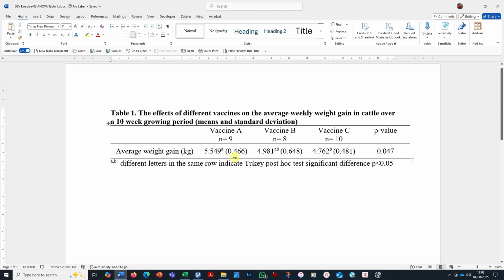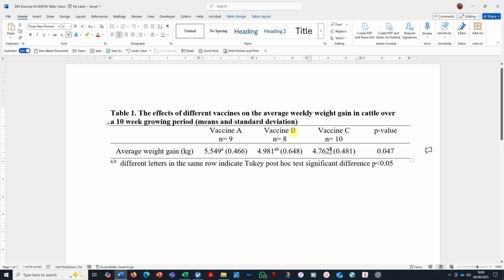The last thing to look at is how those post hoc test significances were presented. Remember that A and C were different, but A and B and C were the same. Here, what we're saying is that different letters in the same row include a significant difference. So A is different from B. So we give a superscript of A and B for these two.